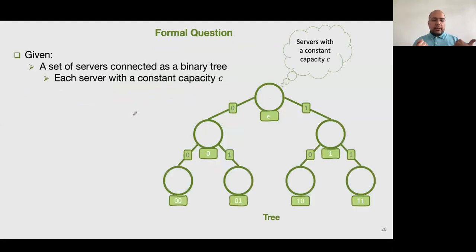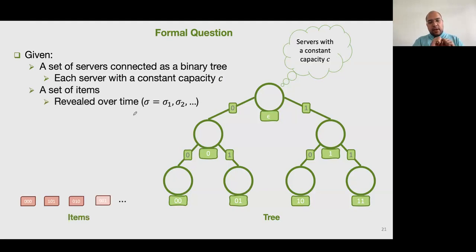To reiterate the formal model, we assume that we have a set of servers connected as a binary tree, and each server has a fixed capacity C. We have a set of items that comes over time. We don't know the whole request sequence. These requests are accesses to items, and we might have repeated accesses to the same items again and again over time.